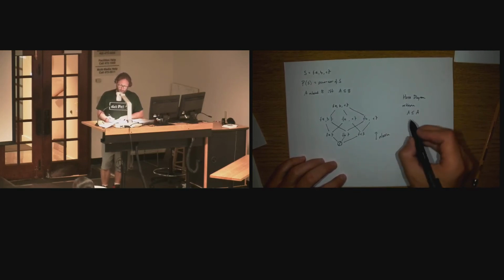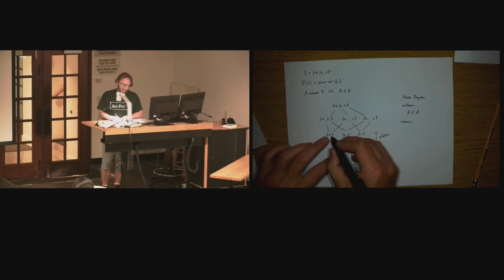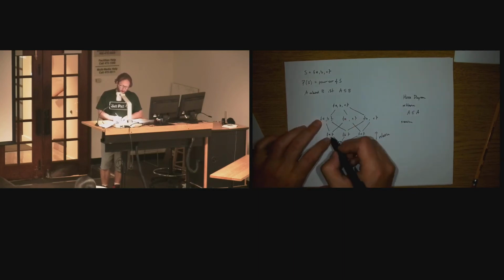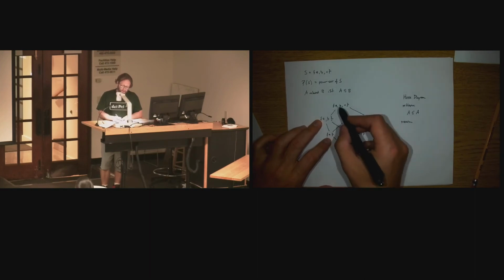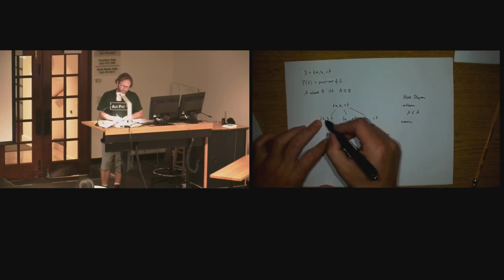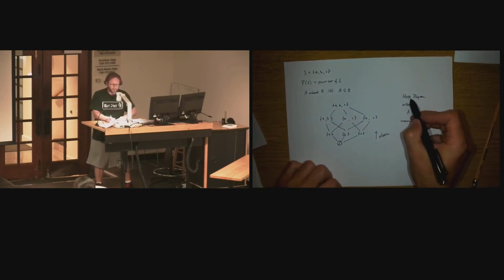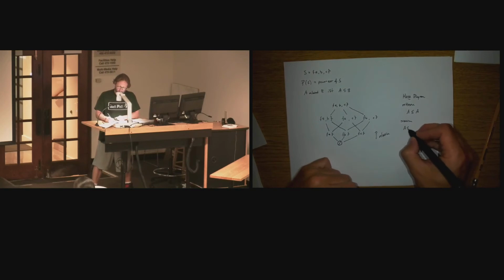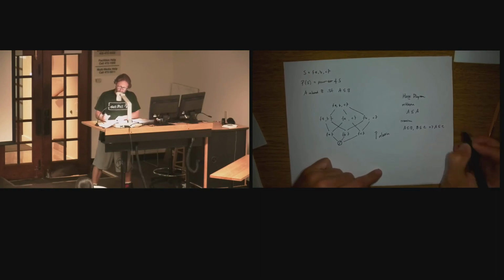It is transitive. The empty set is a subset of A, therefore it's a subset of AB. A is a subset of AB, and AB is a subset of ABC, therefore A is a subset of ABC. I just didn't draw it because I wanted to simplify the diagram. That's what a Hasse diagram does. A is a subset of B, B is a subset of C, implies that A is a subset of C.